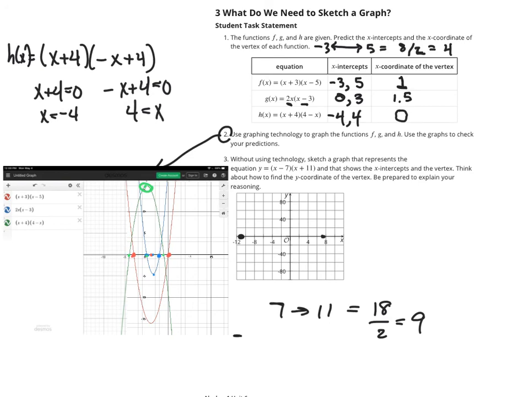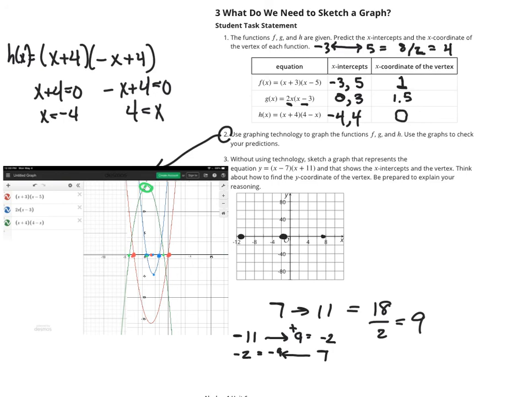If I'm at negative 11 and I want to travel 9 in this direction, I'm going to get to negative 2. If I'm at 7 and I want to travel 9 in this direction, I'm going to get to negative 2. So that's where my point is right about there.